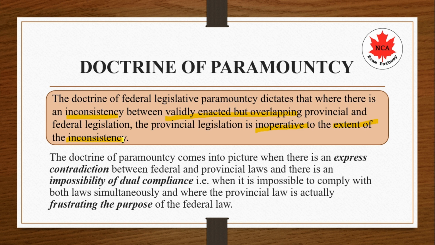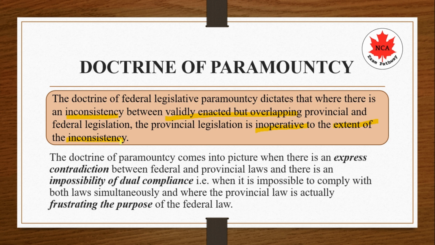Basically, under this doctrine, a provincial law that conflicts with federal law will be inoperative to the extent of the conflict. This means the federal legislation takes precedence over the provincial. Therefore, when there is a conflict between a valid federal law and a valid provincial law, the federal law prevails.